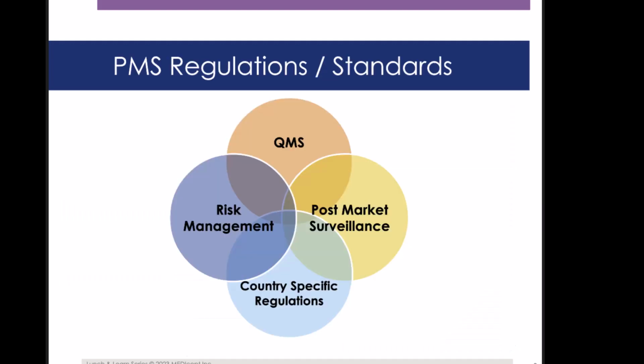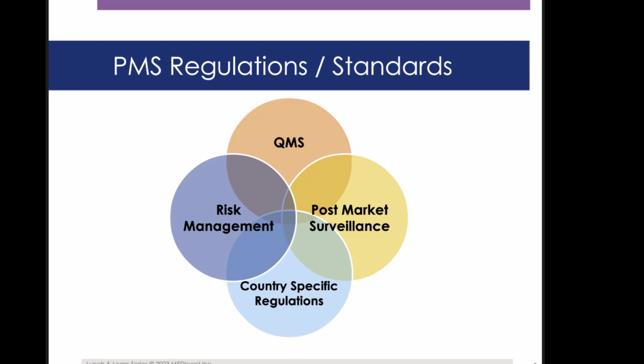Since post-market surveillance is linked to the device's safety, it should be no surprise that there are regulatory requirements that need to be met. The purpose behind these requirements is to set up a process for continuous improvement and ensure the device will remain safe and effective. Post-market surveillance requirements stem from the process requirements of the quality management system and risk management. These processes are concerned with gathering and utilizing production and post-production activities for monitoring and maintaining product, process, and customer requirements.